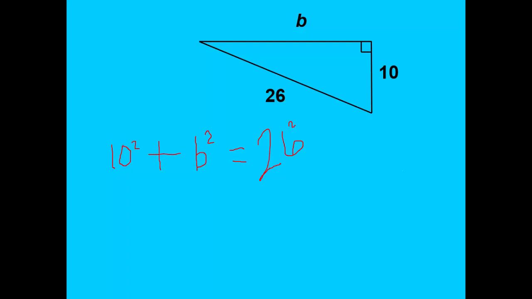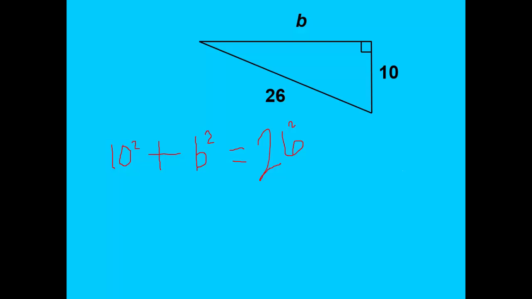Oftentimes, the hardest part for us is actually taking the time to set it up. So we want to make sure and know the vocabulary words that we went over in the last video, so it's easy for us to plug in the particular values into our equation.